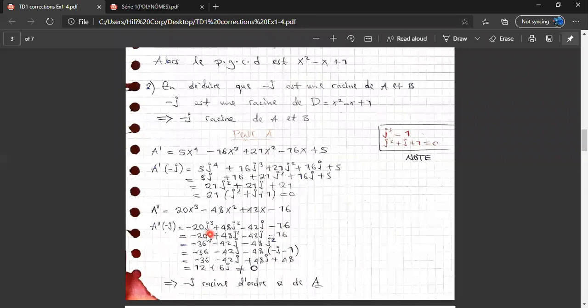And then we use our identities. j to the power 3 we said is equal to 1. So here we're going to have negative 20, plus 48j squared, we leave it the way it is, and then here we've got negative 42j minus 16. We add the like terms, we're going to have negative 36 minus 42j minus 48j squared. Negative j squared can also be written in the form of negative j minus 1.